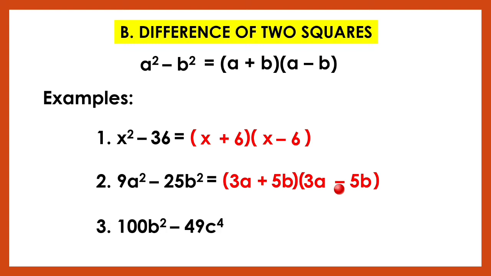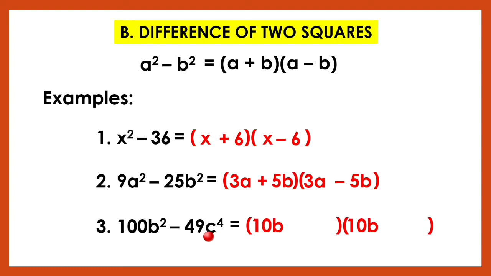Okay, another example. 100b square minus 49c raised to the 4th power. So, what are the factors? So, this is a difference of 2 squares. So, 100b square, ang square root niya is 10b. 100, square root ng 100 is 10. Square root ng b square is b.